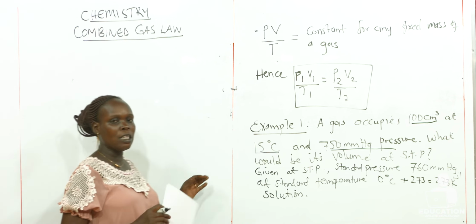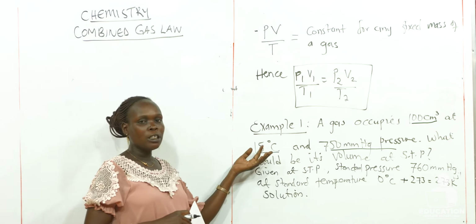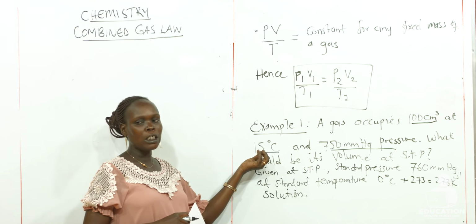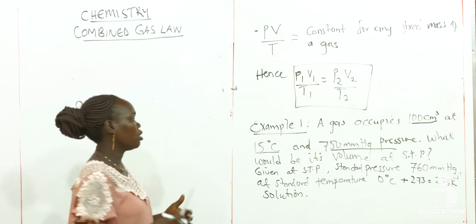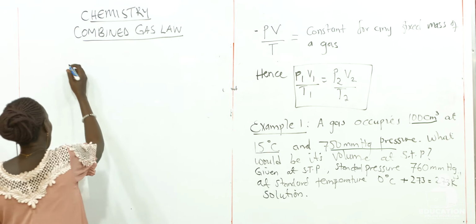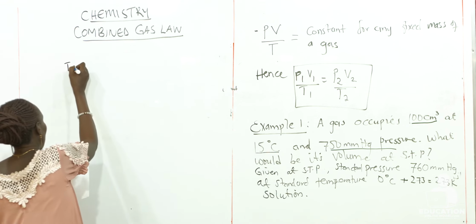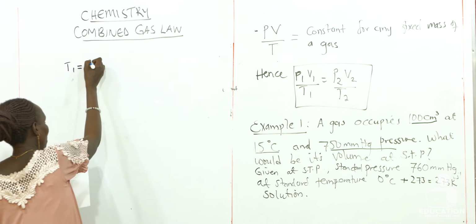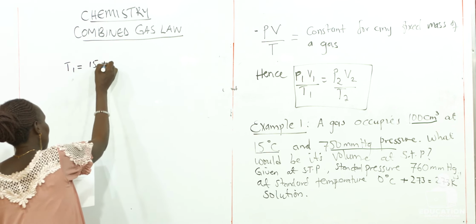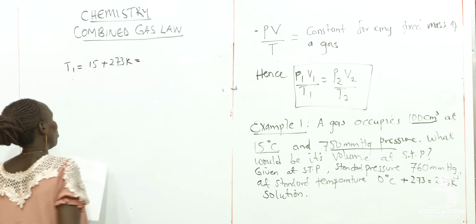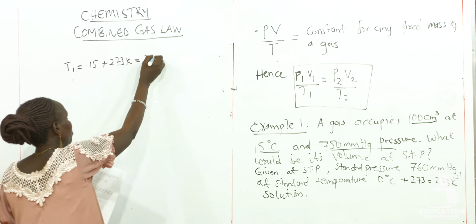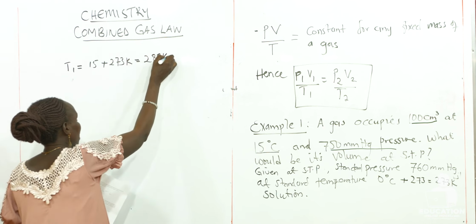In this case, we need to remember that temperature 1 is 15 degrees centigrade, and we add 273. So temperature 1 will be equal to 15 plus 273 K, which gives us 288 Kelvin.